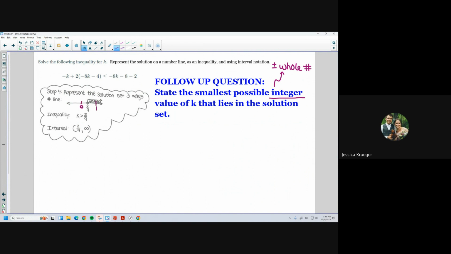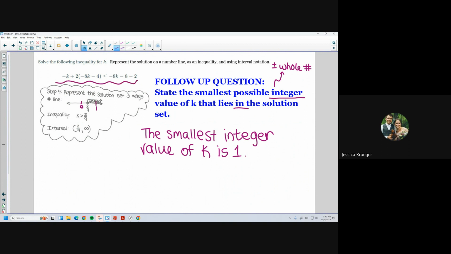So what's the smallest integer value of k that's in the solution set? Well, 0 is not in the shaded part, so the smallest integer value of k is 1. How do we know? 1 lies in the shaded area of the number line. 1 makes the inequality true. You've got a lot of different justifications you can give.